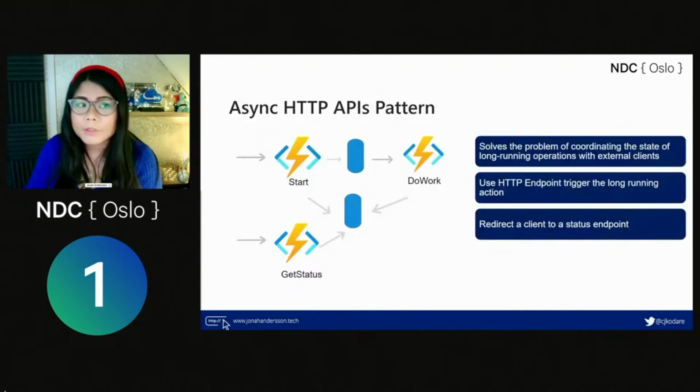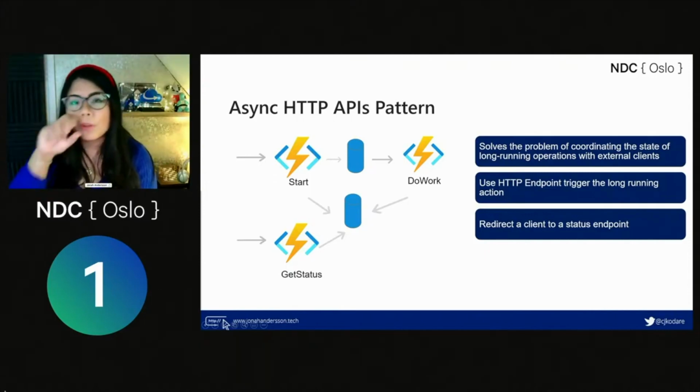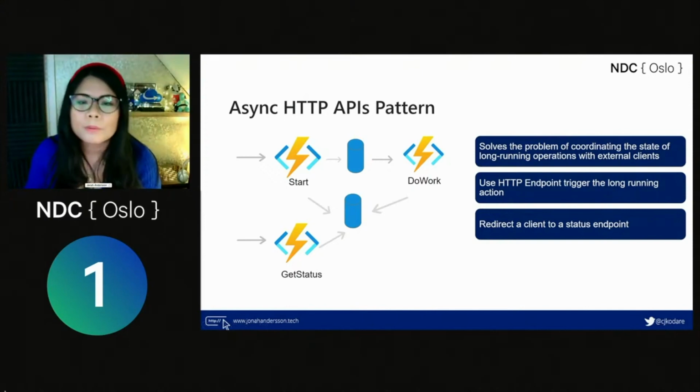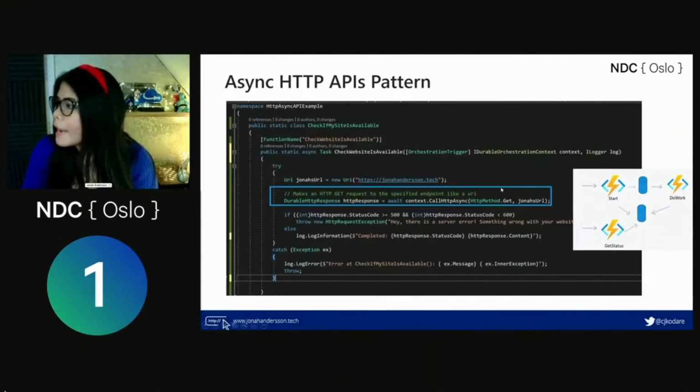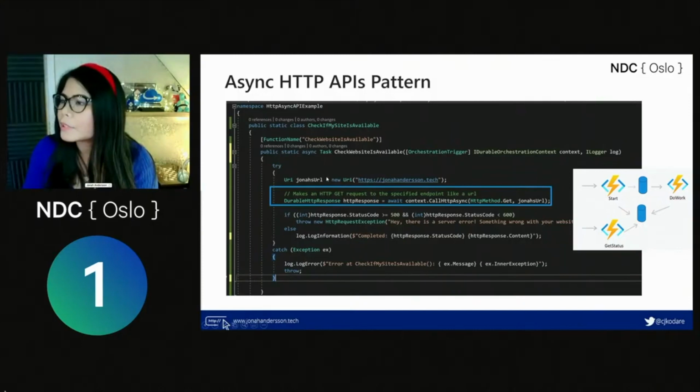And then the third pattern is called the async HTTP API pattern, which is useful if you want to solve problems of long-running operations for external clients, especially with HTTP endpoints. So this is a simple example that I have. I hope that you can see the code, even if it's black.